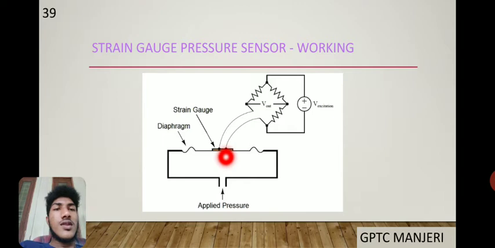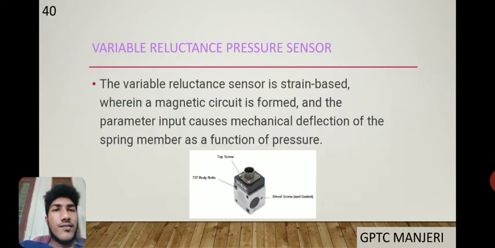The strain gauge is connected to a voltmeter, and the pressure difference is changed into an electrical signal and sent to the microcontroller.